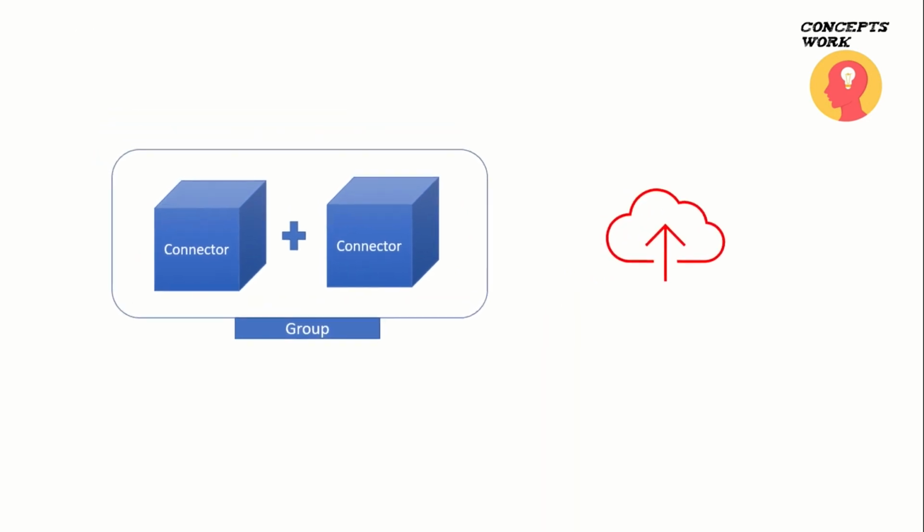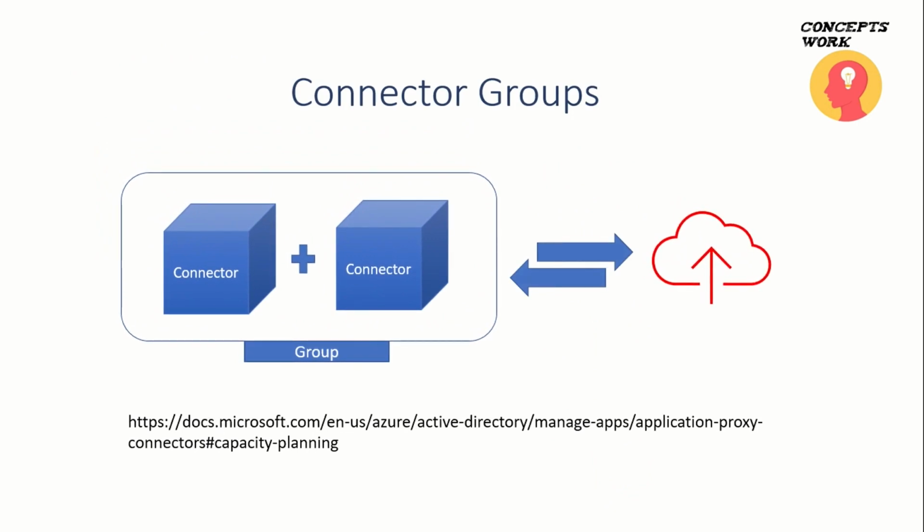This is what we call connector groups. So you can have two dedicated connectors only handling the traffic that's related to one specific application.